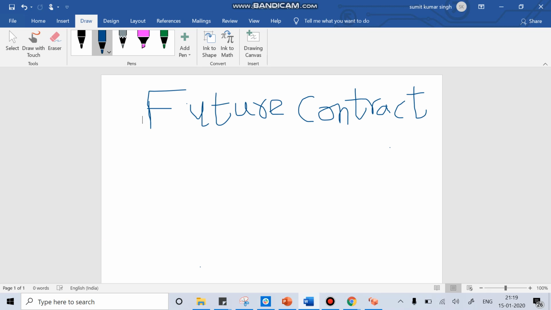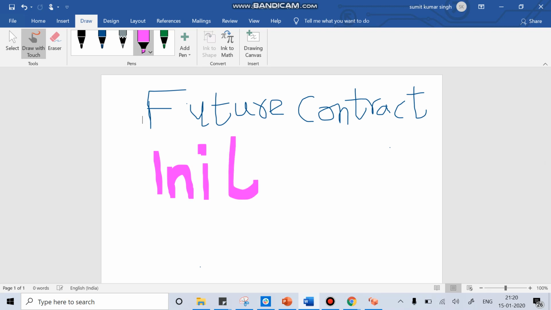Remember one thing: in the case of a future contract, the better words for buyer and seller would be long position holder and short position holder. When the long position holder and short position holder come to the exchange over a contract, both persons have to deposit money with the exchange, and that money is called initial margin.